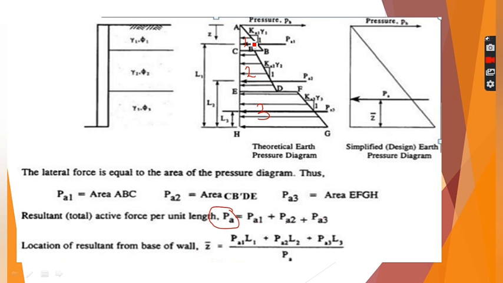So you will have to assume the location of PA, that is at a distance Z, and then from this equation, which you have used many times since your first or third semester, you will find out the location of the resultant force.